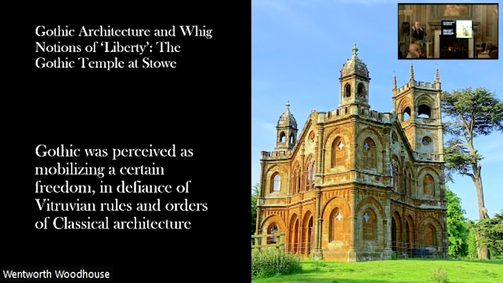And there's certainly a tradition in Whiggish political thought and country houses to build in classicism. But nonetheless, there is still a very enduring correlation between Whig politics, the politics of liberty and modern liberalism, with the Gothic style. As we can see, as in the example of the Gothic temple at Stowe.